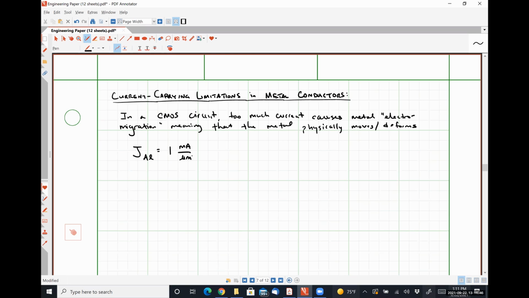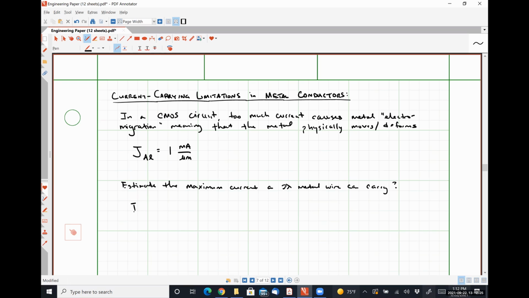So if we had a wire, estimate the maximum current a 3 lambda metal wire can carry. We really just did this, right?